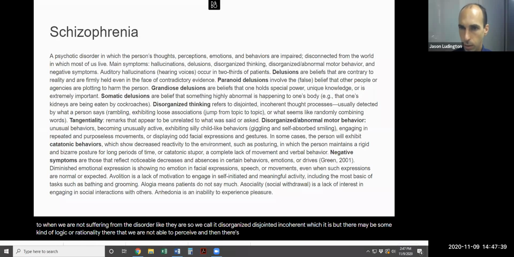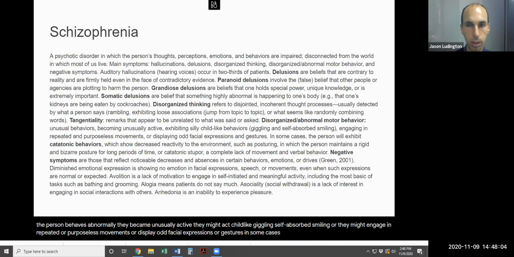And then there's disorganized abnormal motor behavior, which is where the person behaves abnormally. They become unusually active. They might act childlike, giggling, self-absorbed smiling, or they might engage in repeated or purposeless movements or display odd facial expressions or gestures.